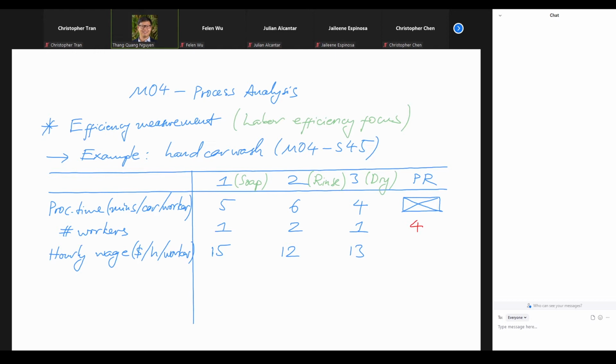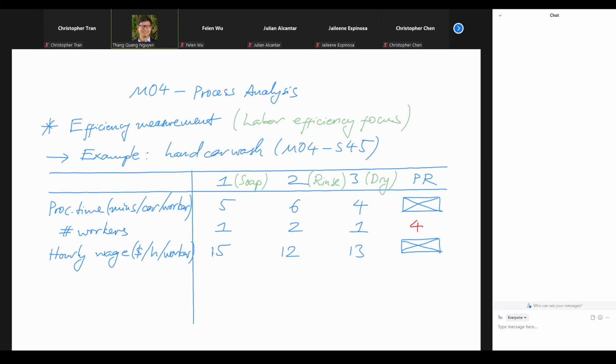It's just based on the nature of the work, or sometimes it's the intensity of the work, right? Some people have to work very fast because of the nature of the work. Then we should pay them more. So that's an hourly wage, and of course the total of these 3 numbers doesn't have any meaning. So we would cross it out.